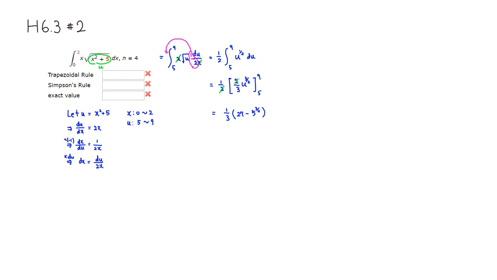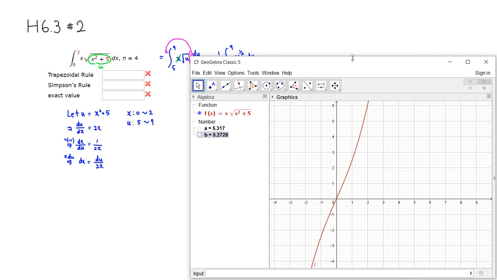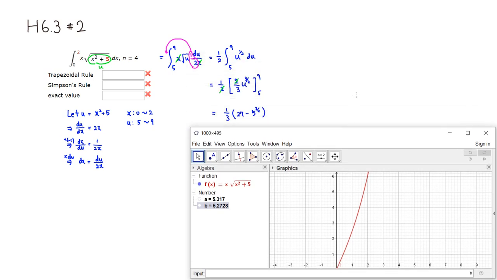I'm going to open up GeoGebra here. The value is 27 minus 5 to the 3/2 power, and then we're going to divide by 3.